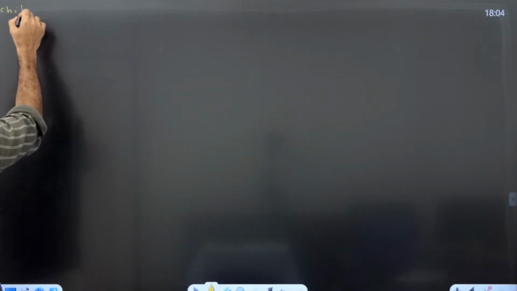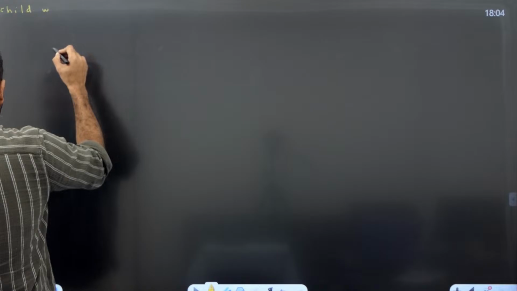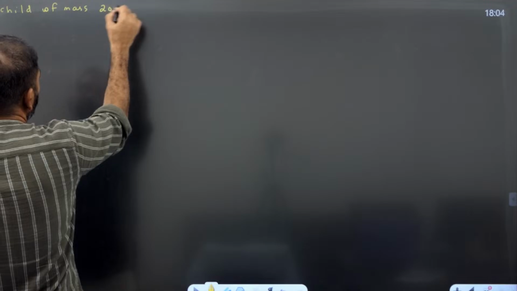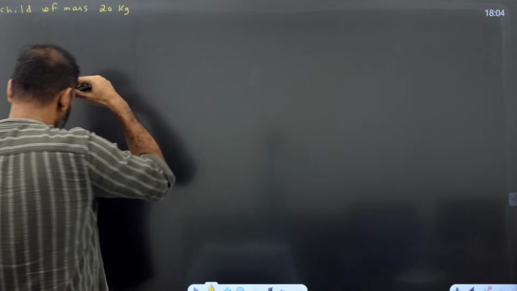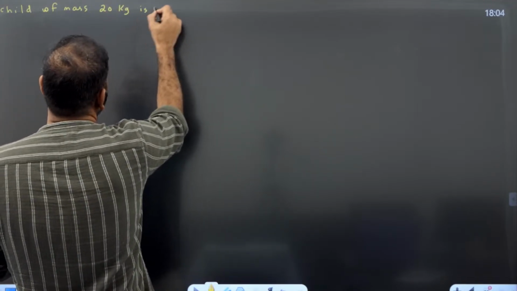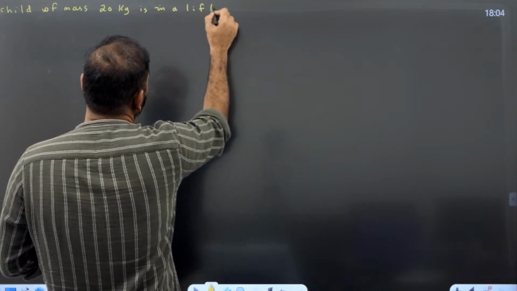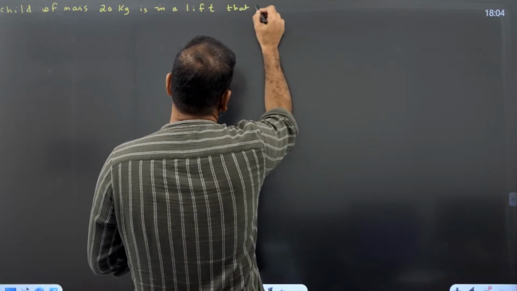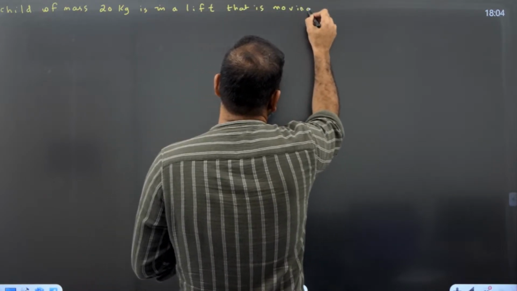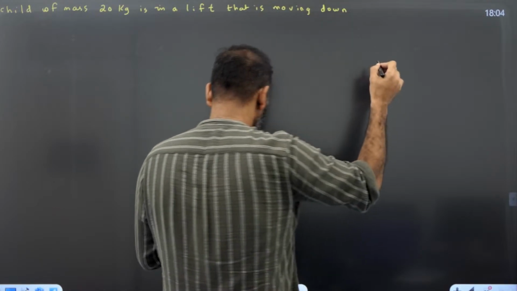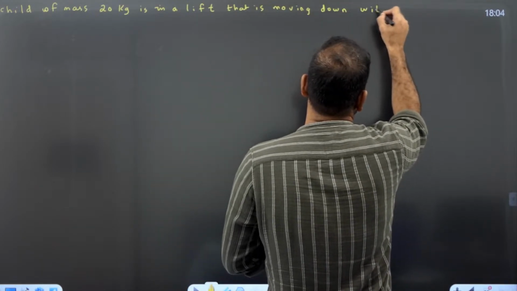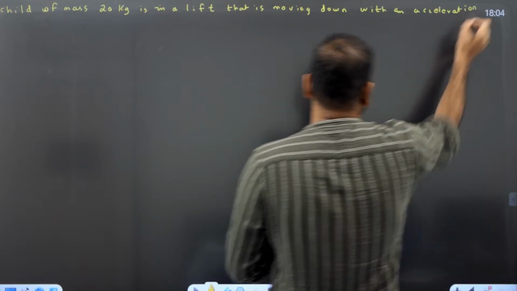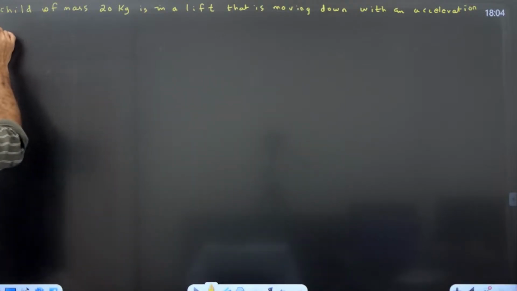A child of mass 20 kilogram is in a lift that is moving down with an acceleration of 5 meter per second square.